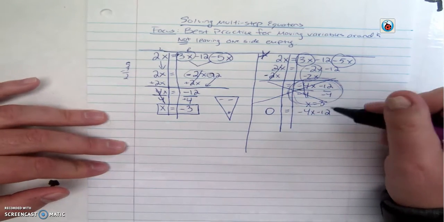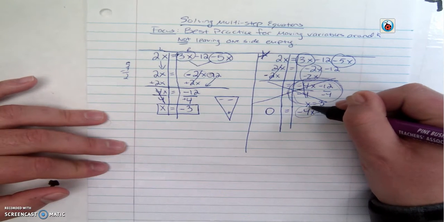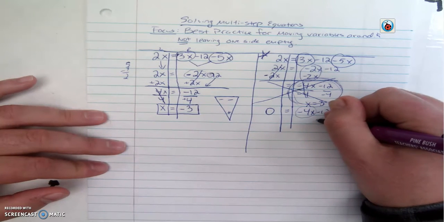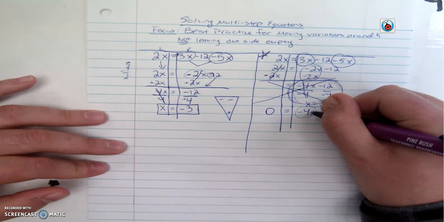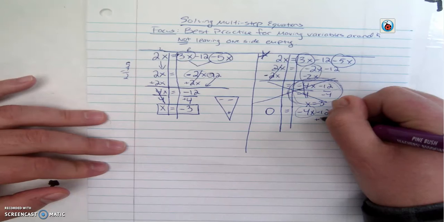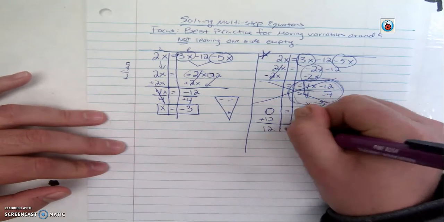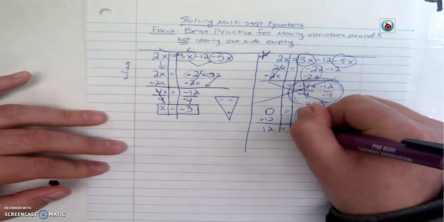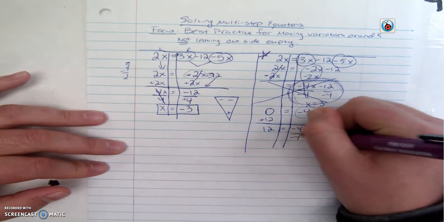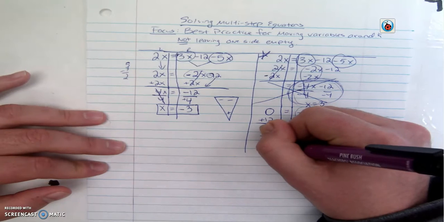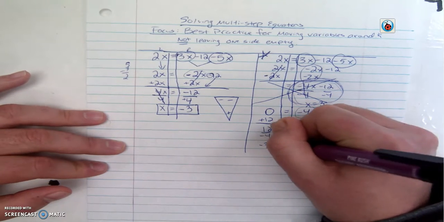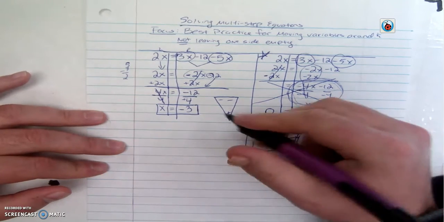So now, remember, I want to isolate the variable. So the way I do this is I need to move everything away from the variable. So I have a negative 12x, I make it a positive 12. So now I have 12 equals negative 4x. And now I can divide both sides by negative 4. So I can get my answer of negative 3, which is the same answer I got over here.